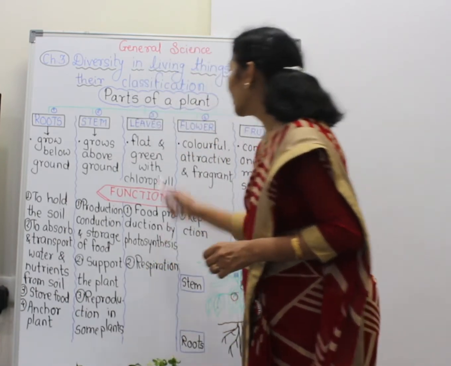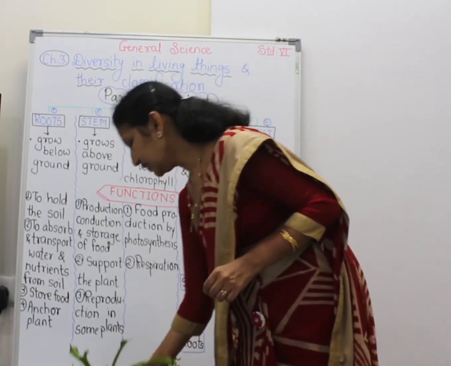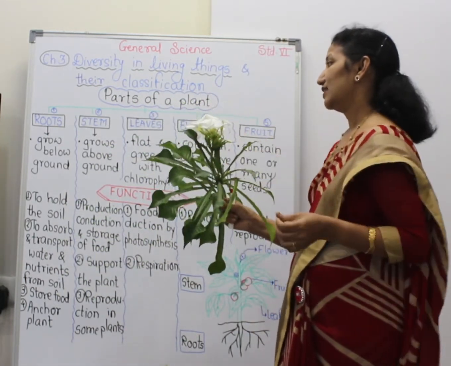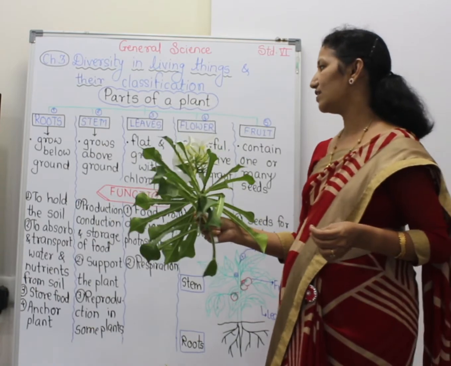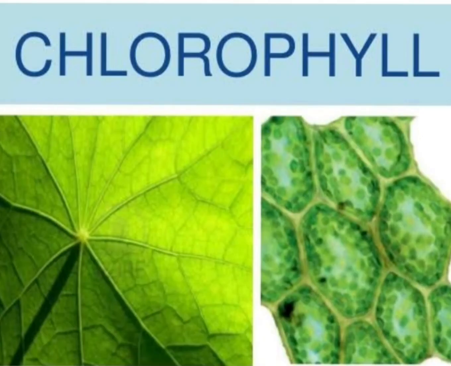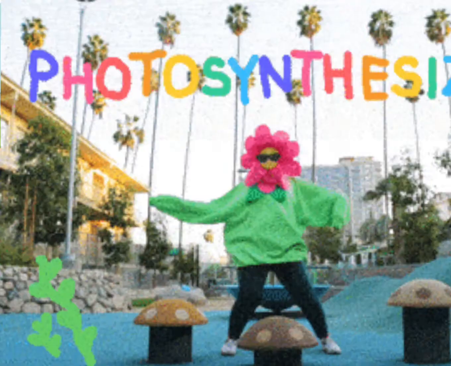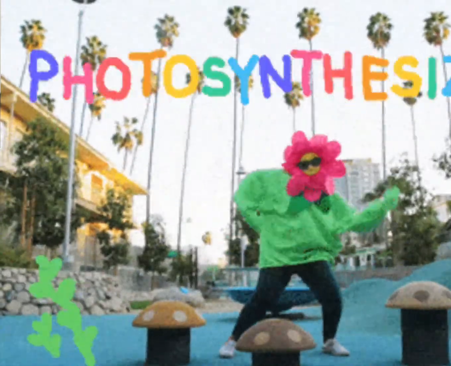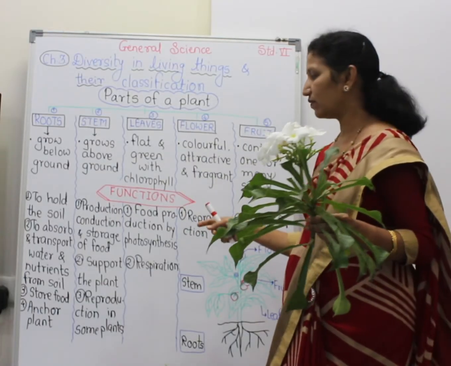Then leaves. See, these are green colored leaves, and leaf is the green part because it contains chlorophyll. Chlorophyll is a green colored pigment that helps in the process of photosynthesis. So, what is the function of leaf?